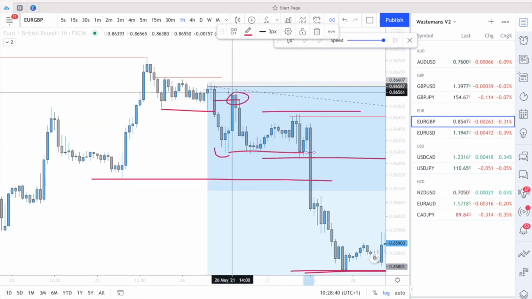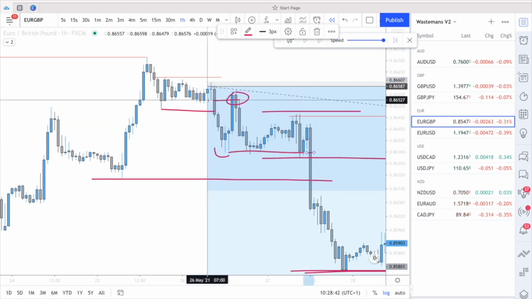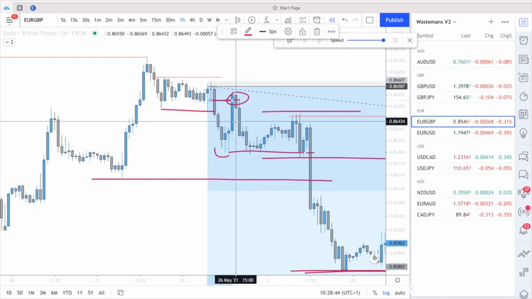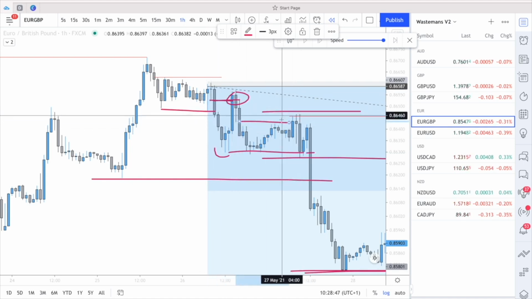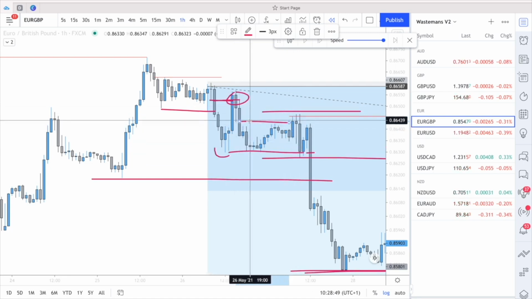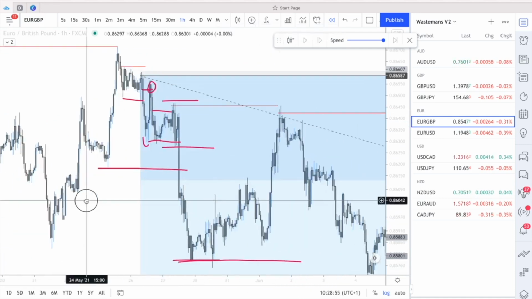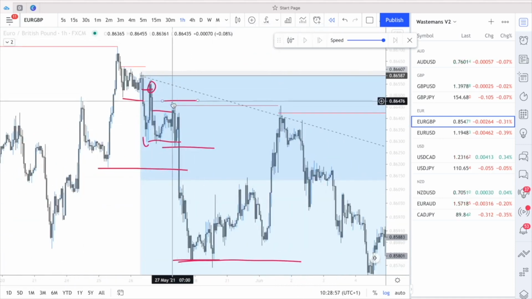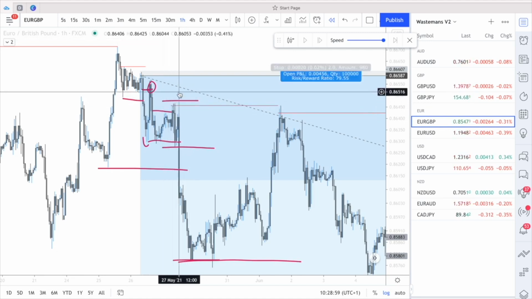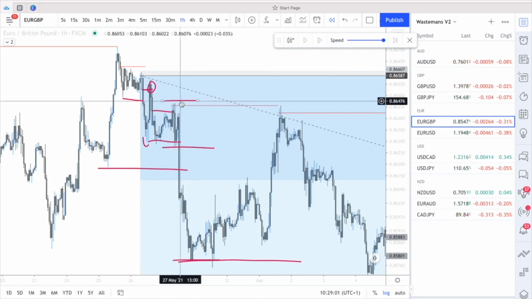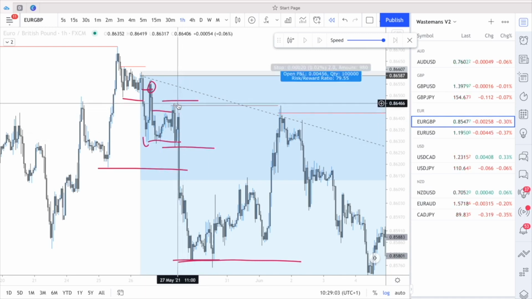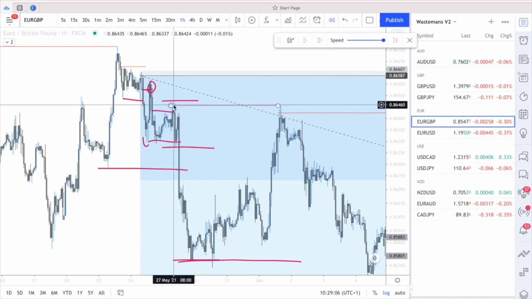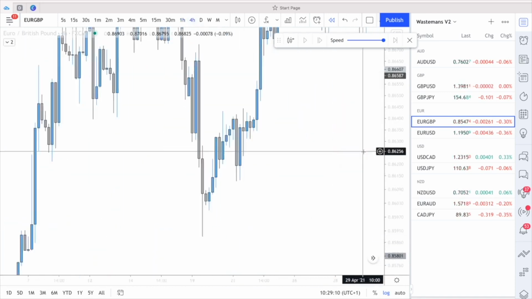So the point of mitigation was here, but in terms of pricing and efficiency, we can see that this has somewhat been mitigated if there was a lower time frame break of structure here on a minor scale. Our point of validation and mitigation in this case would be the last mitigation point, which we can assume is this wick that mitigates something here. If you go to the 4 hour, it's a bit more clean to follow.